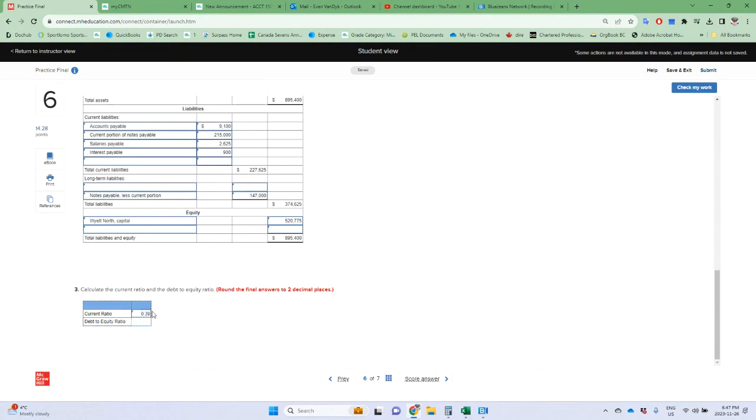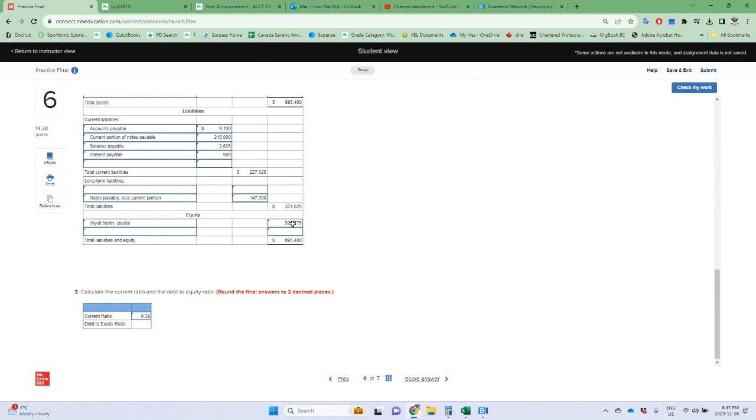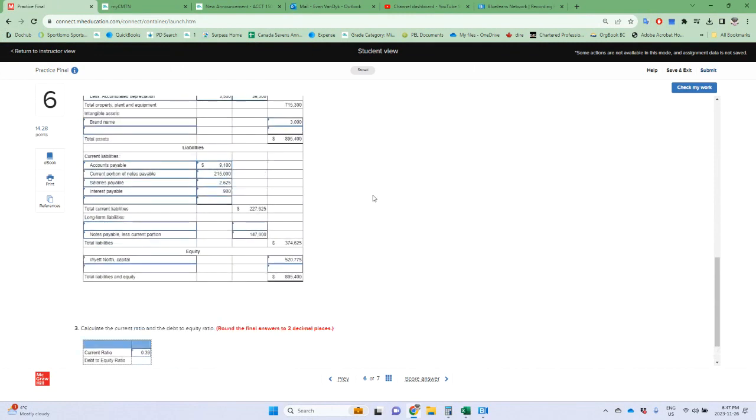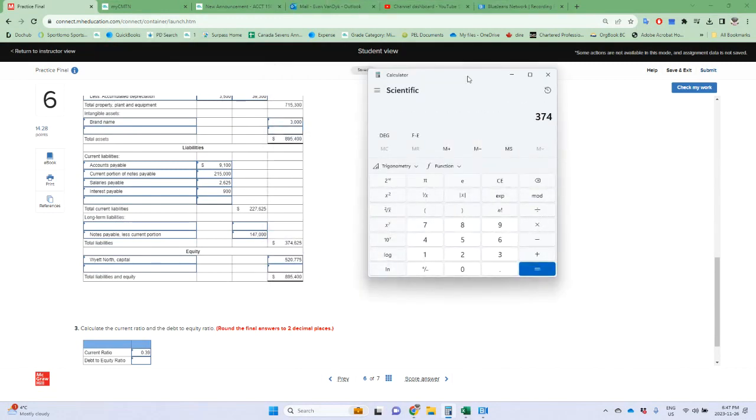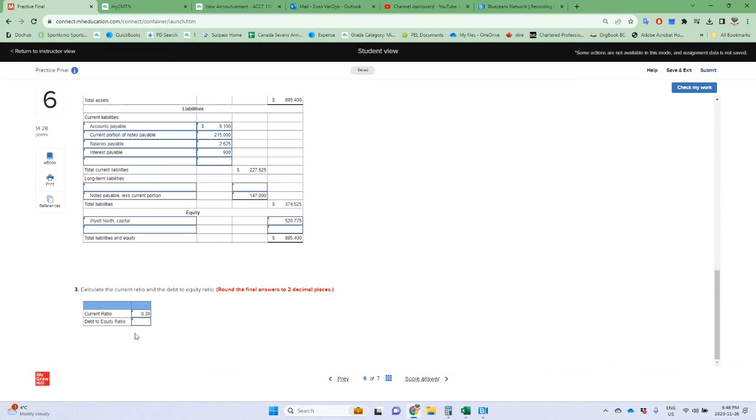The debt to equity is just our debt divided by our equity. So our liabilities over our equity. So that would be 374,625 divided by 520. So 0.72. I don't think I've got anything on here for you guys for ratios, but if it is, it'll be worth very, very little.